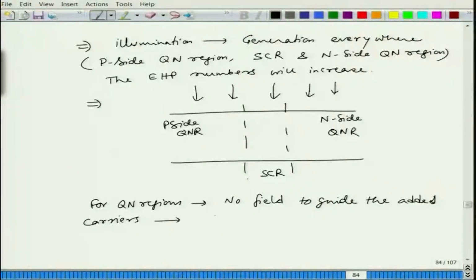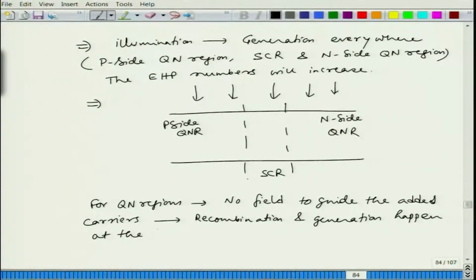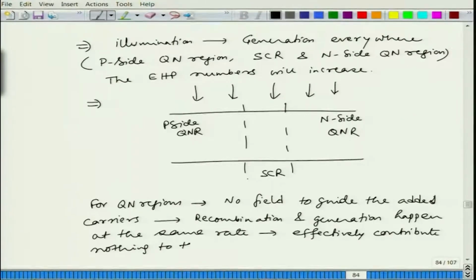Just adding the concentration will not give you any current. So, recombination and generation happen at the same rate and they effectively contribute nothing to the current.